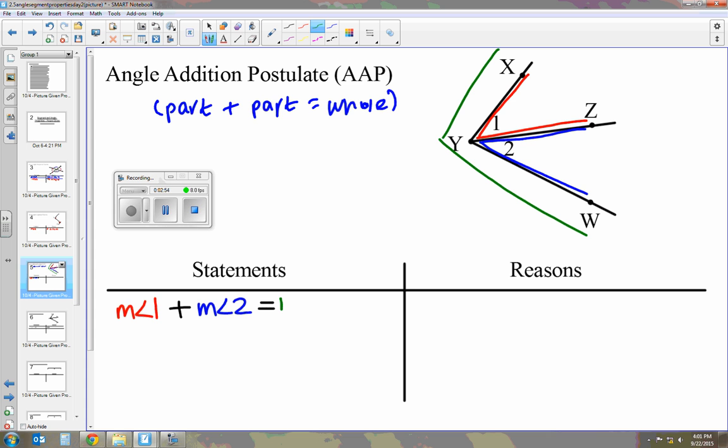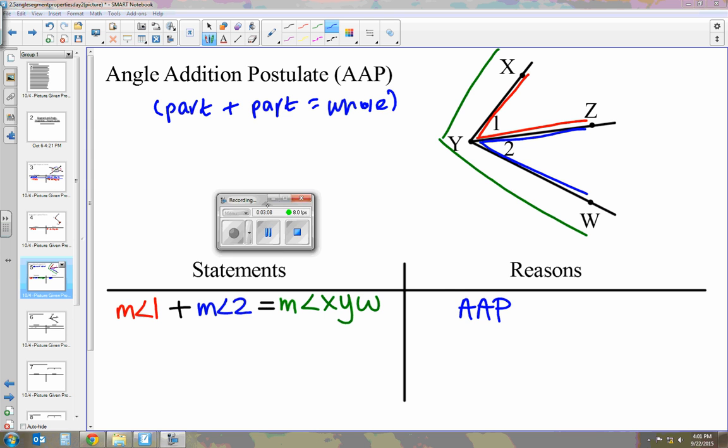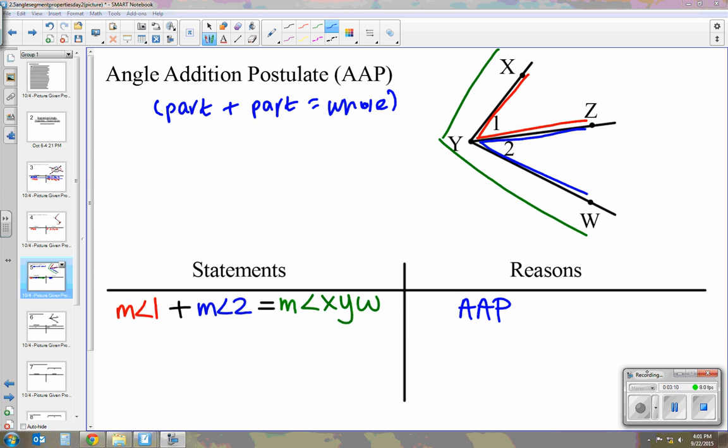So the measurement of angle x, y, w. So angle addition postulate is adding our part plus our part equals our whole. So our reason for writing that down is angle addition postulate.